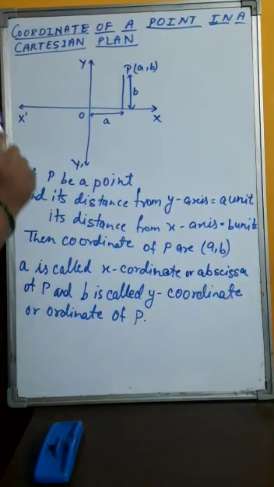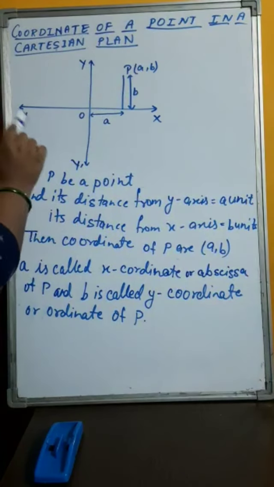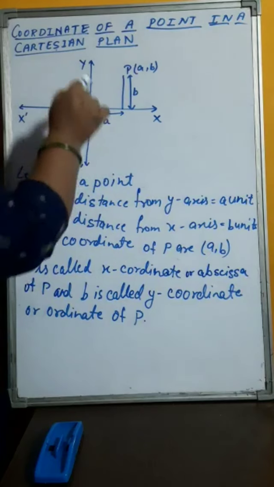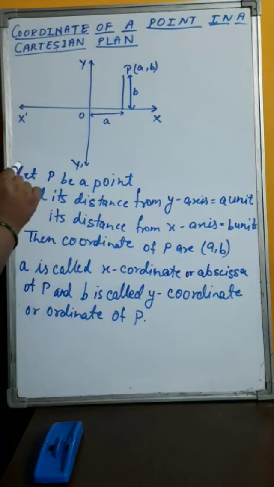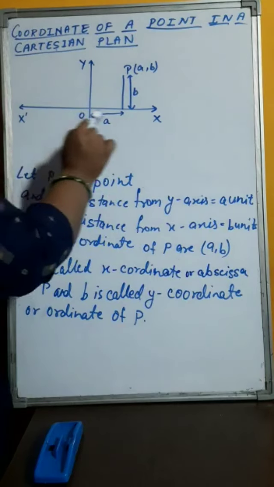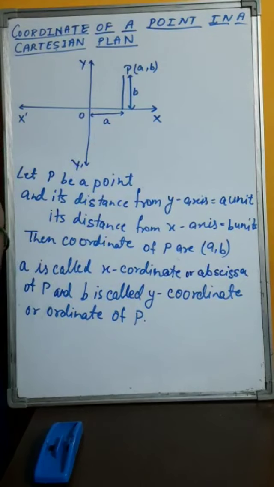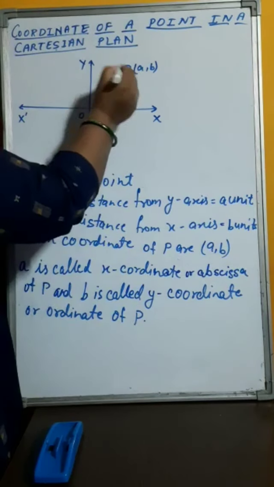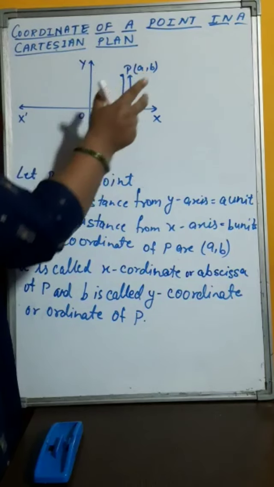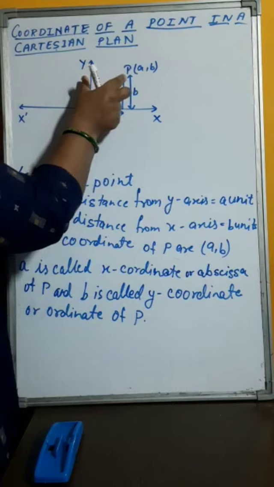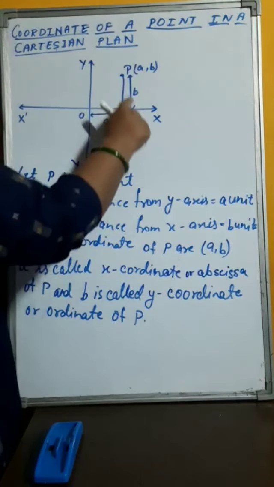Now we will see how to write the coordinates of a point in a Cartesian plane. When we draw in a plane two mutually perpendicular lines, this plane is known as the Cartesian plane. The horizontal line is the x-axis and the vertical line is the y-axis. Here I located a point P. Its coordinate is written as (a, b). a is the distance of P from the y-axis and b is the distance of P from the x-axis.